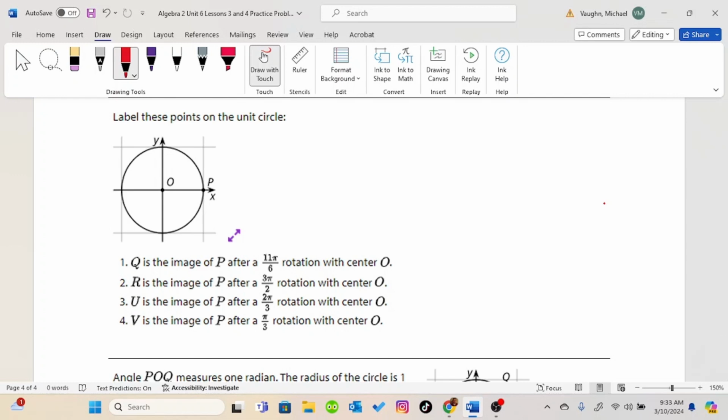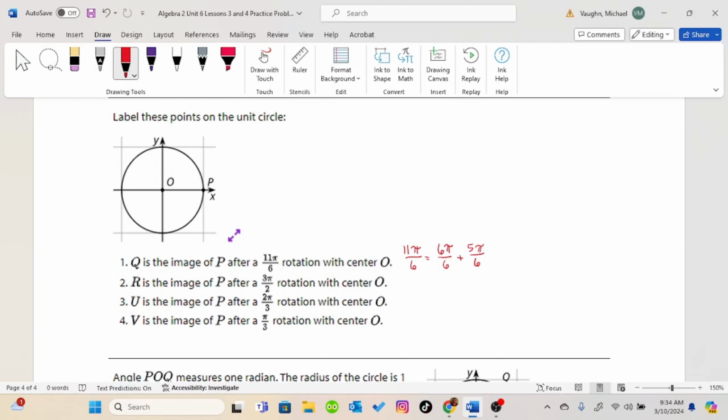Label these points on the unit circle. Number 1, Q is the image of P after an 11/6 pi rotation with center O. So 11/6 pi, 6/6 would be a full pi, and that would still leave us with 5/6.